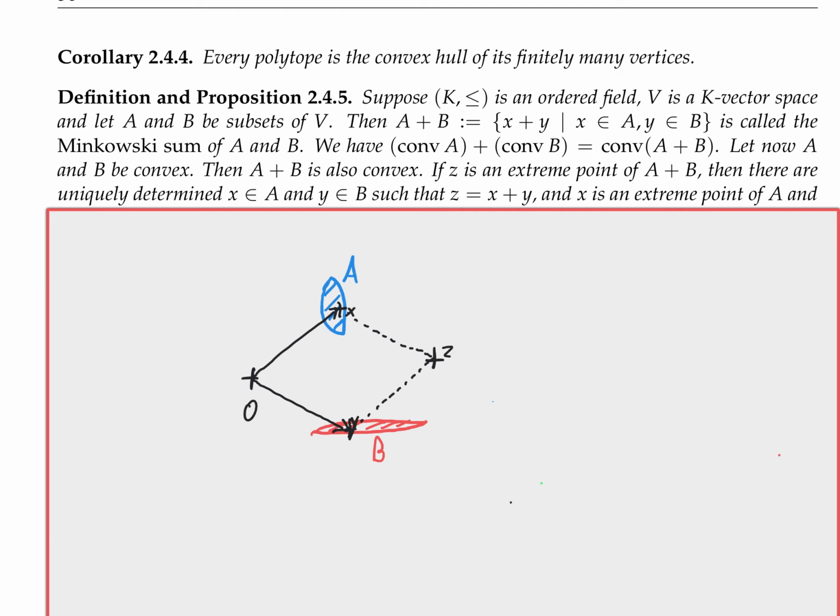And the set of all points which I get in this way is the Minkowski sum of A plus B. So how would that look? Well, I guess it would look something like this. I hope I draw something reasonably well.